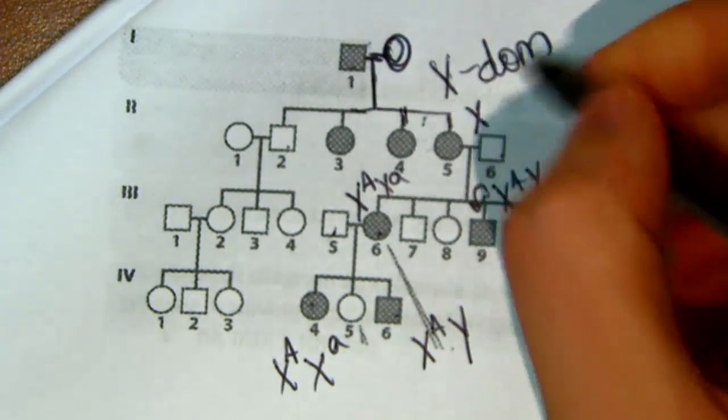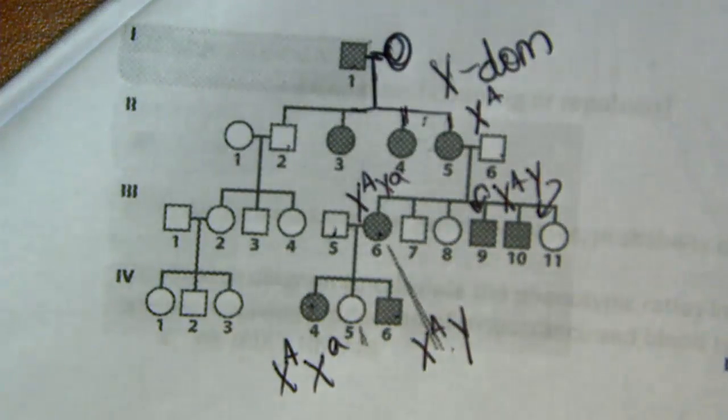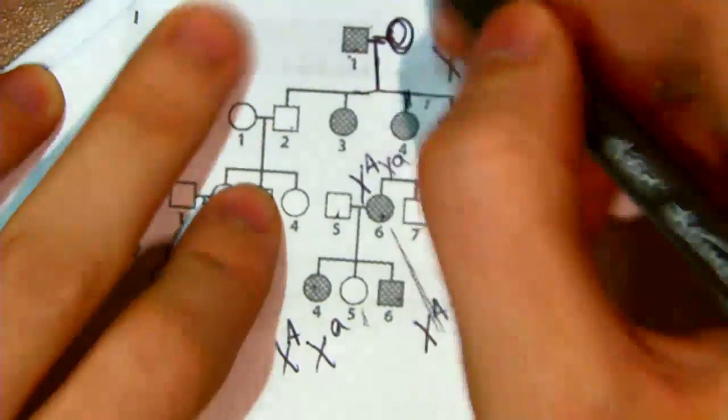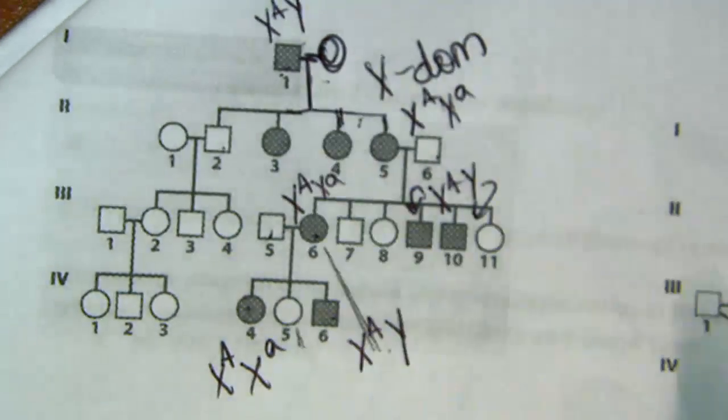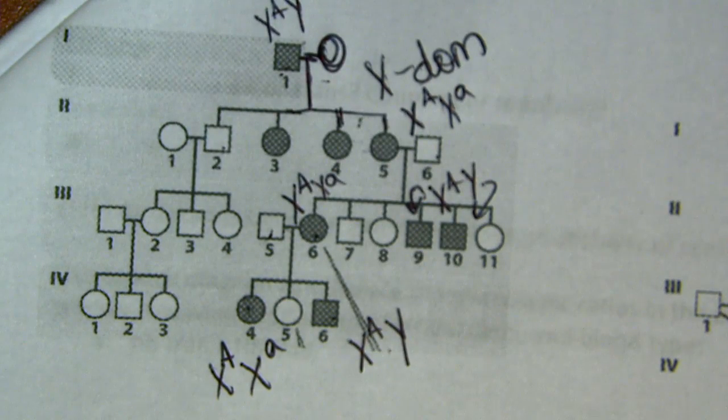And each of these females is going to have the big A, or the affected dominant trait, from this affected father. But they would have a normal or unaffected X from their mother in this case. So this does work, this does make sense, but again, there might be something else that works as well. It's not always one or the other.